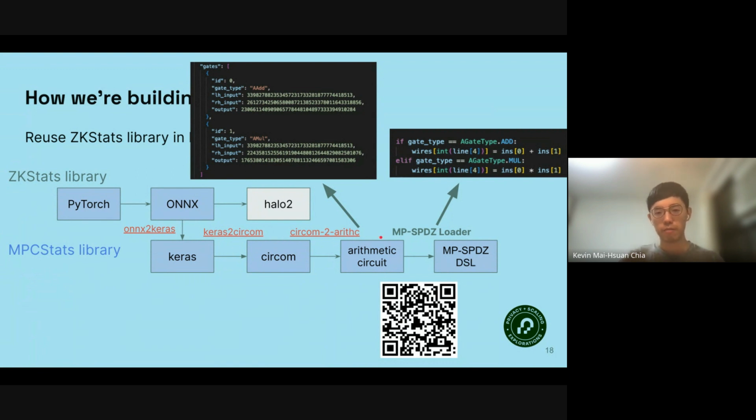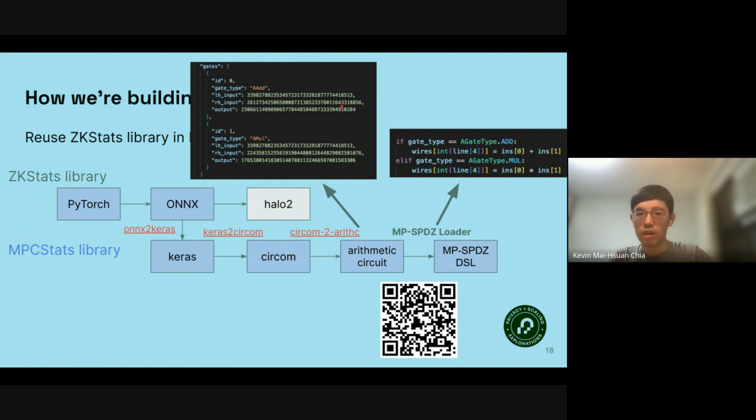And after we have the arithmetic circuit, the arithmetic circuit looks like this. It will be a sequence of gates, and we just need to write a loader. So for example, the MPSpeed loader just parses this circuit, does some pre-processing, and translates the circuit into the corresponding code in MPSpeed's DSL.